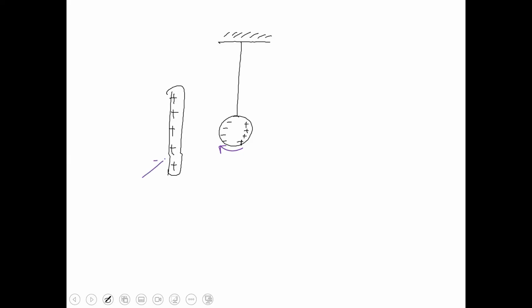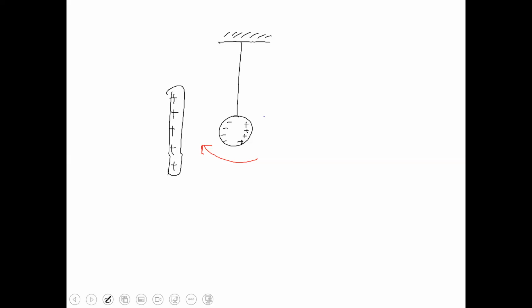As the rod is positive, one side will be negative and one side will be positive. This is called induction. What will happen after that? The sphere will be attracted towards the rod.